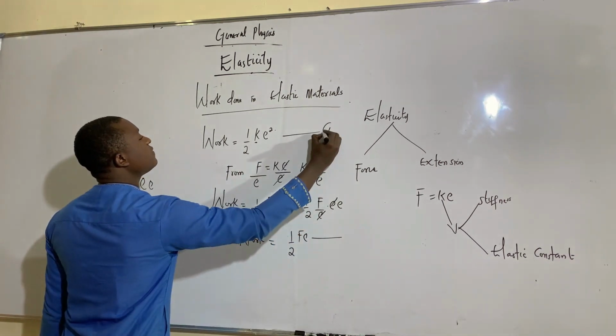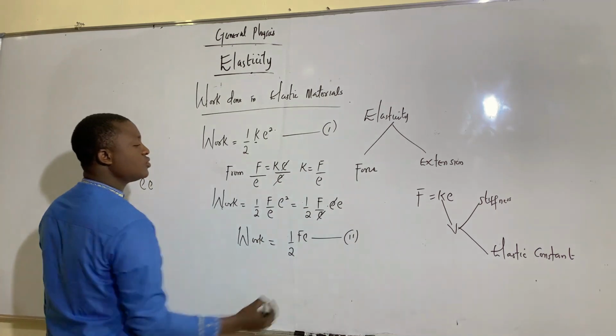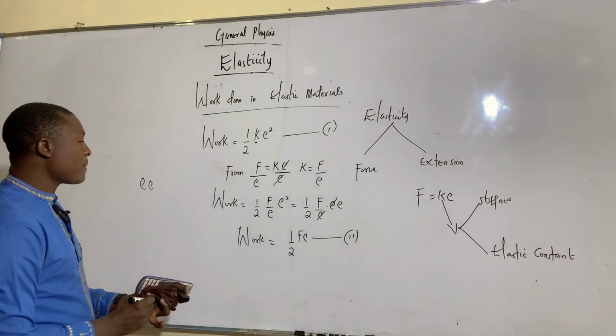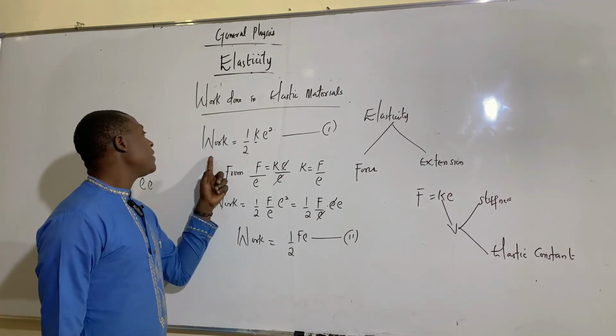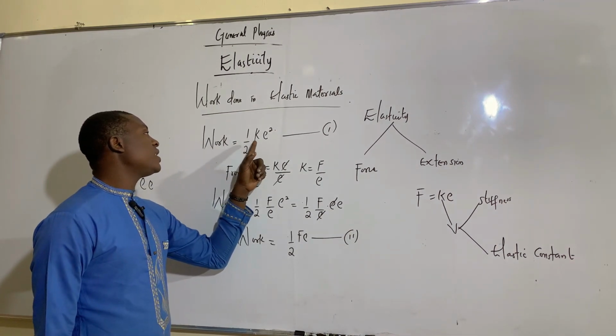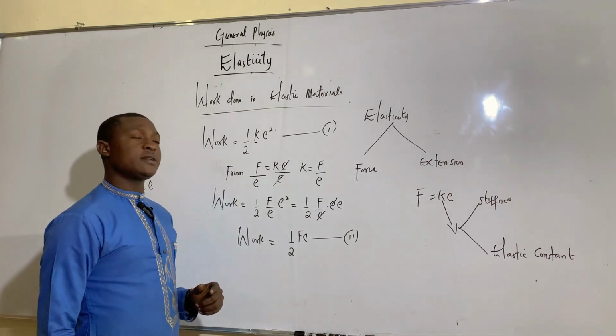Let's say this one is the first one and this is the second one. It depends on the values. If you have to find the work done and you are given force and extension, you apply the second one. If you are given stiffness and extension, you apply the first one.